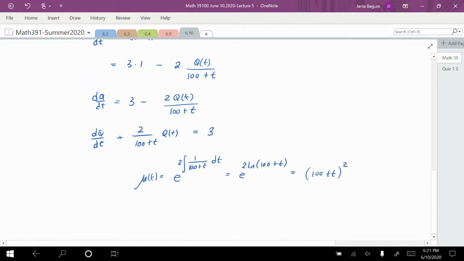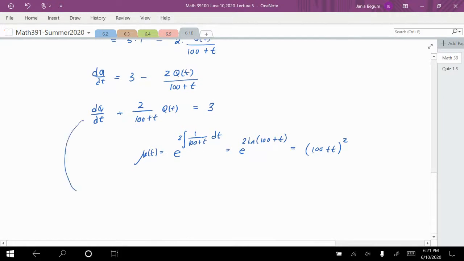So that's the integrating factor we're going to use. So that means our differential equation is going to be the derivative with respect to t of mu, which is 100 plus t squared, times Q of t equals 3 times 100 plus t squared.